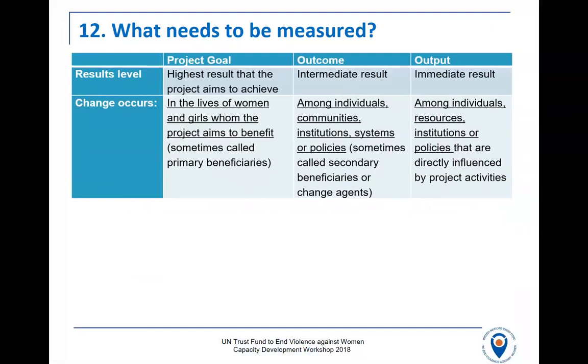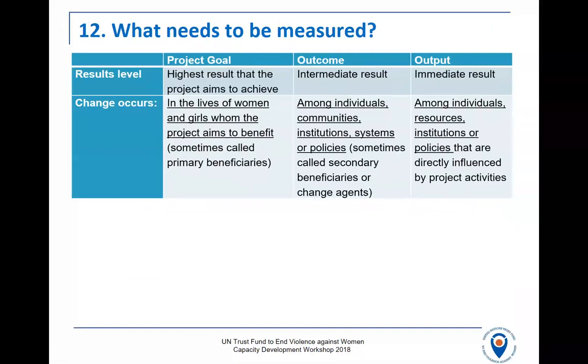What needs to be measured? Well, as I said, you'll be monitoring the full results framework. It's quite easy to monitor your budget and your activities, but the results can be quite challenging. So as we talked about in the first few sessions, the project goal has to focus on improvements in the lives of women and girls, so you will want to be measuring, has there been any change in the lives of women and girls?